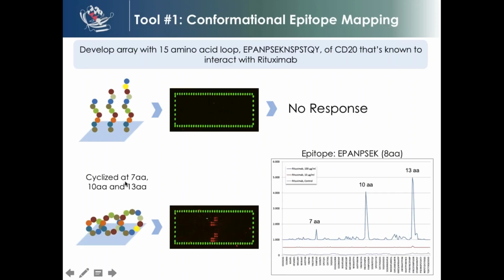But when we cyclized at 7, 10, and 13 amino acids, we were able to identify an 8 amino acid epitope. At 7 amino acids, it's a lower signal, probably due to the actual length being 8 amino acids, and the increase in signal from 10 to 13 is probably due to the peptide being more similar to the actual 15 amino acid loop.